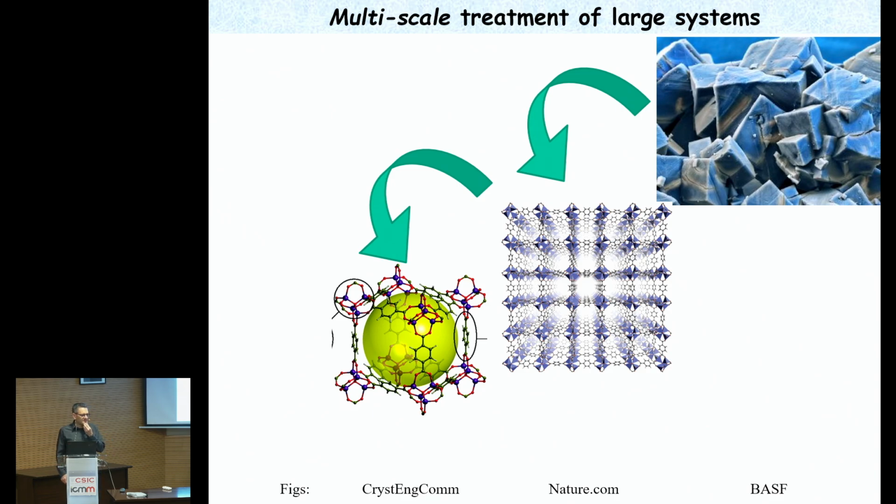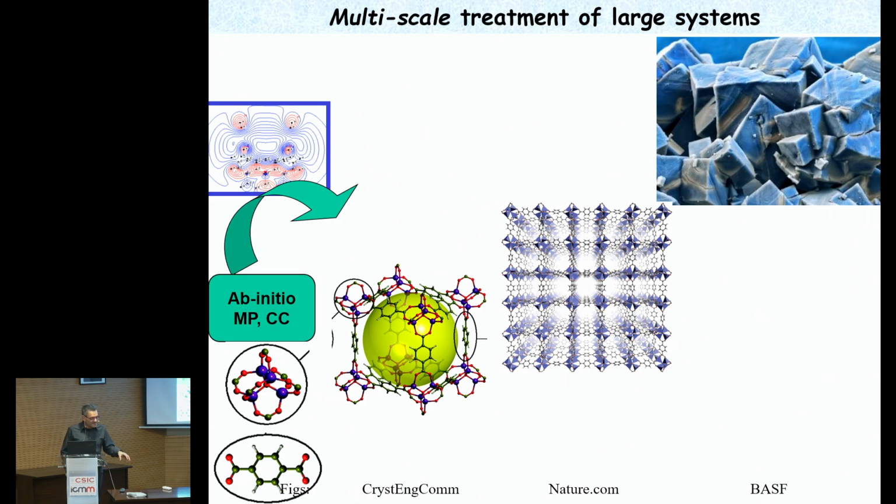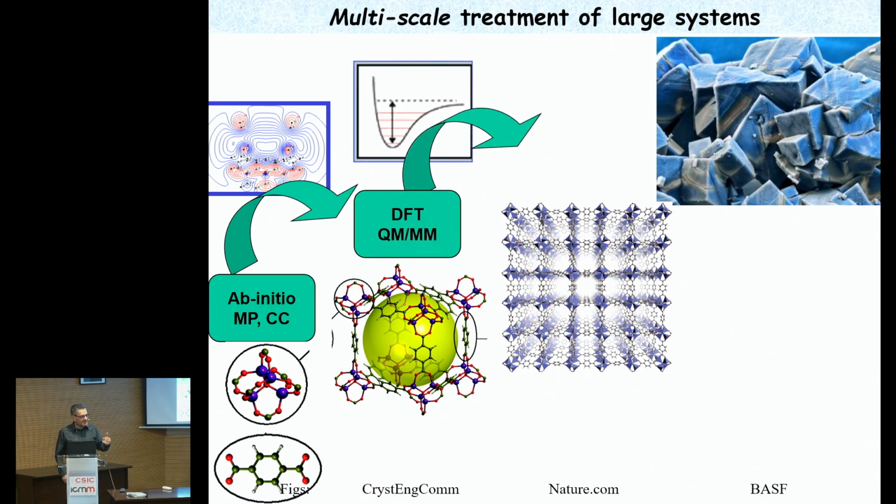The problem is that since we are talking about gas adsorption, we are talking about weak interactions, physisorption. And in order to investigate this, you need to go to the scale of the molecules and apply very accurate quantum chemistry techniques.